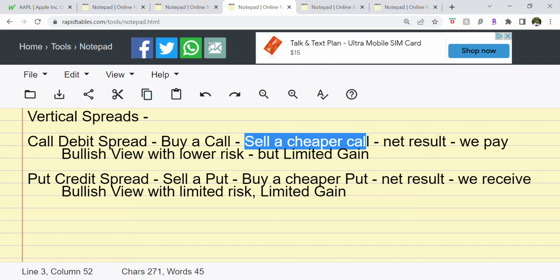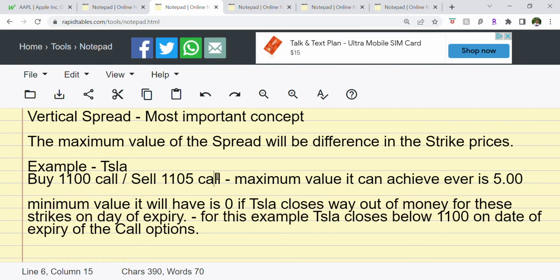A cheaper call means you have to rise higher on your spread. So you are going higher, to the 1105 call. If this 1100 call is at 40, this particular call will be somewhere around 38. Just for example, I do not know the actual prices for some date in May. So you are selling that for 38.